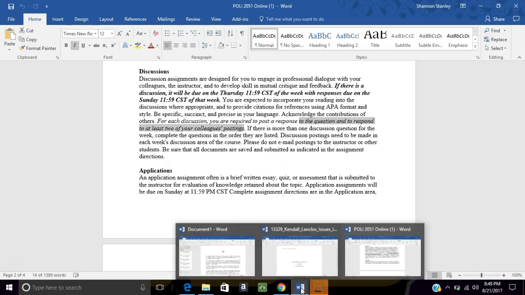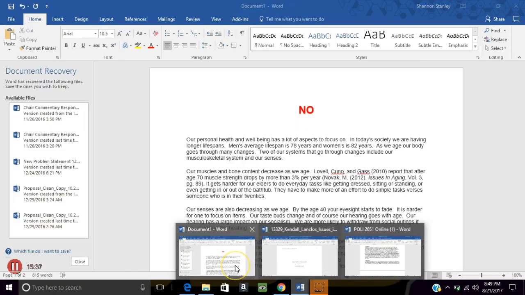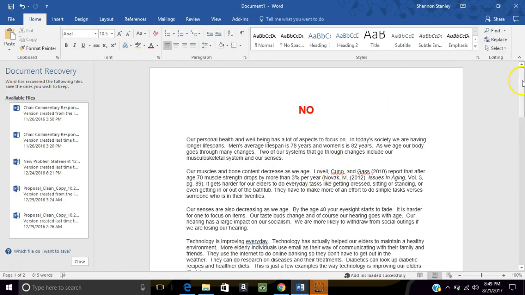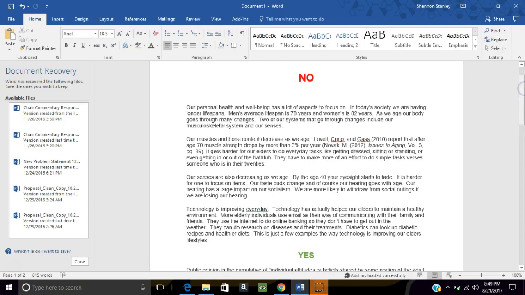So I want to show you what is acceptable for discussions and what is not. All right, so these are some examples that I pulled from the archives. Of course, no one's name is listed here. Basically, if you look at the first example, you will see that there are run-on sentences, there are no clear topic sentences or transitioning sentences, no supporting details, well, very little.